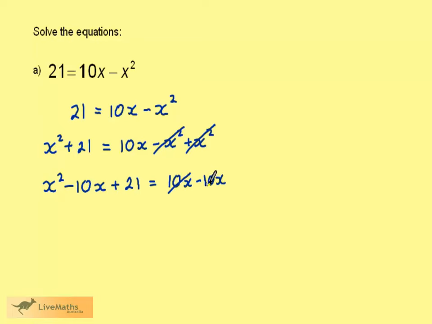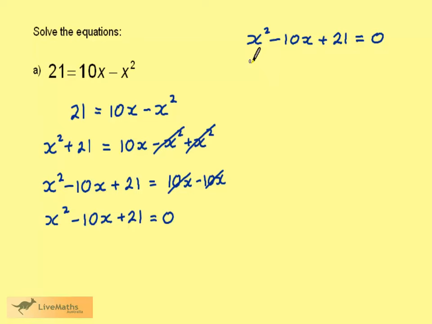The 10x's will cancel, and we're left with x squared minus 10x plus 21 is equal to 0. So we have x squared minus 10x plus 21 is equal to 0.